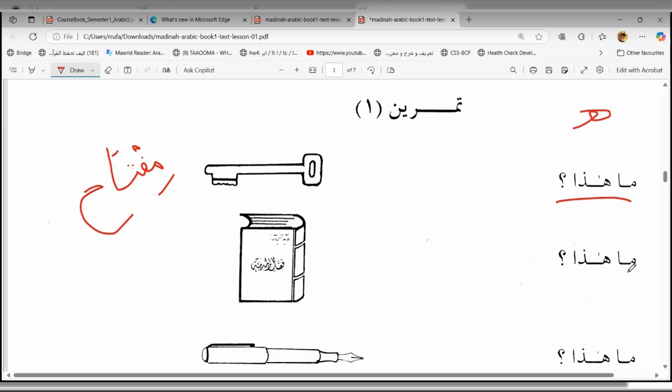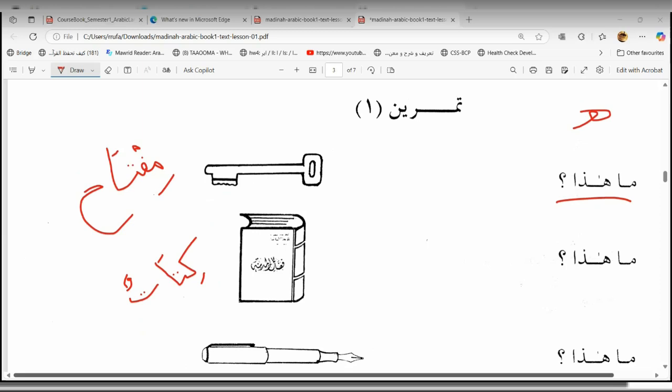Next person. What is this? And the word for this is kitab. So next is Hassan. This is a book.